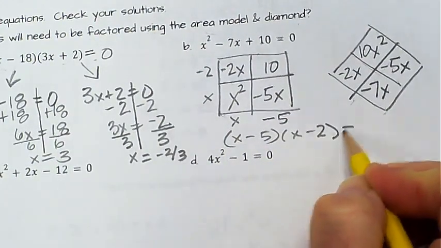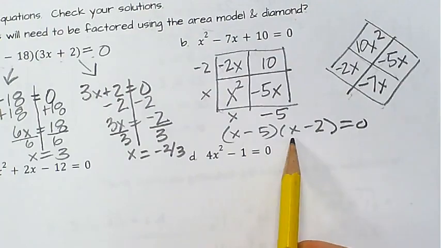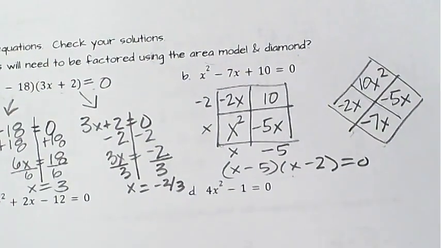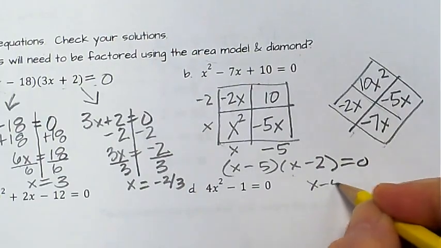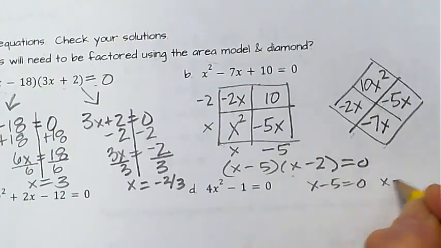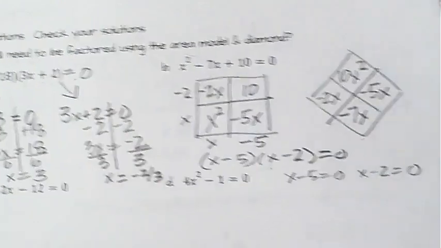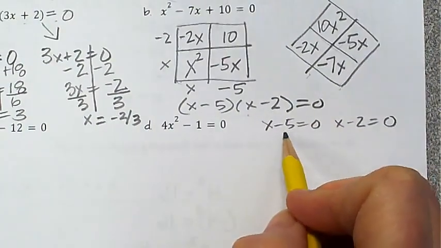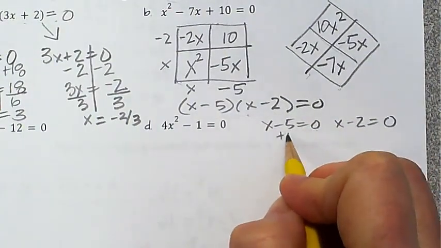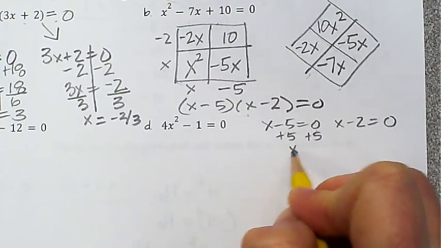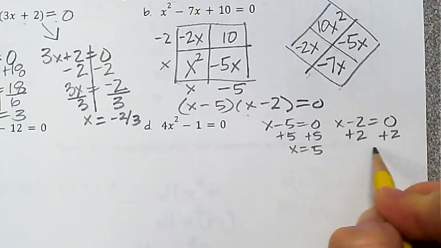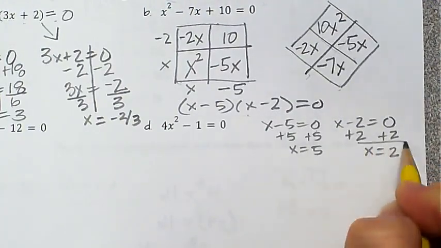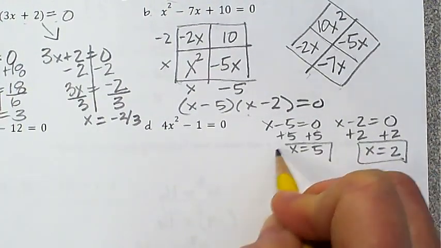And if I'm solving for x, I'm kind of running out of room here. That's going to be x minus 5 equals 0, x minus 2 equals 0. So I'm going to add 5 to both sides and add 2 to both sides. And there's my 2 solutions.